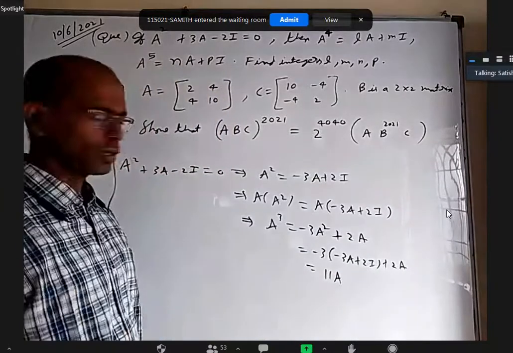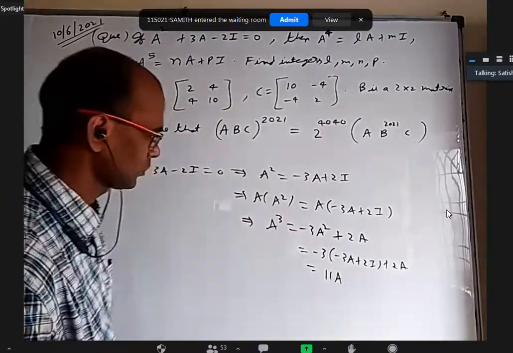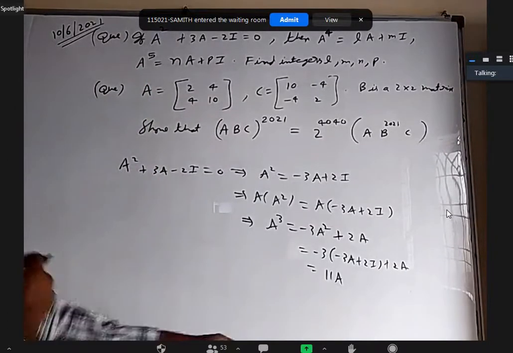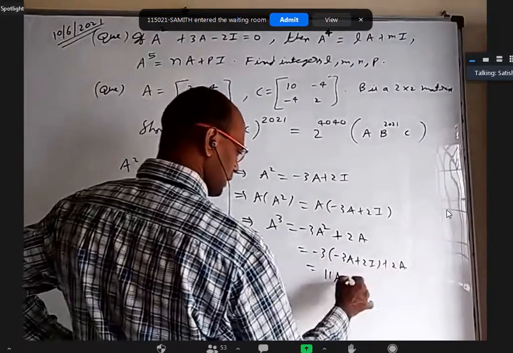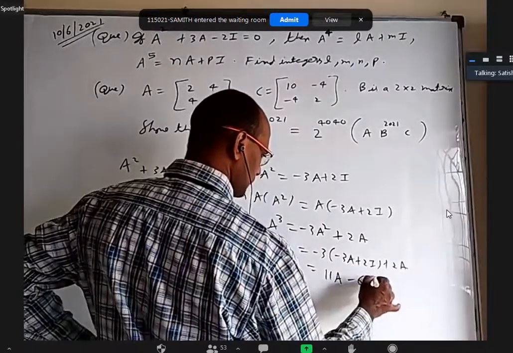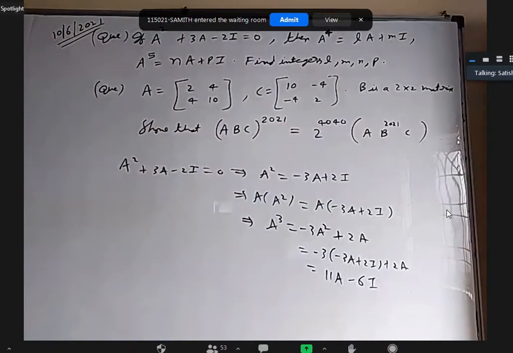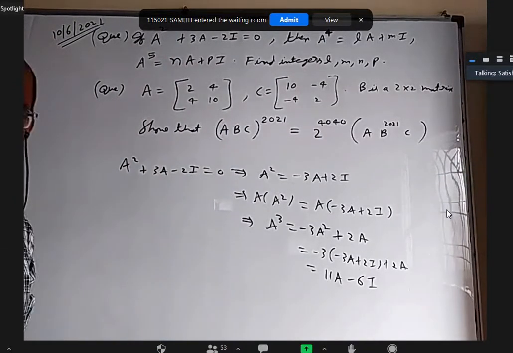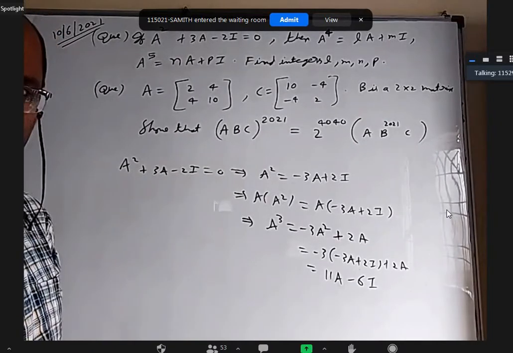I think L and M you are telling are very small numbers. I'm already getting 9 here. 9A plus 2A, 11A minus 6I. Is it okay? A cube is 11A minus 6I. Am I correct? Yes, sir.